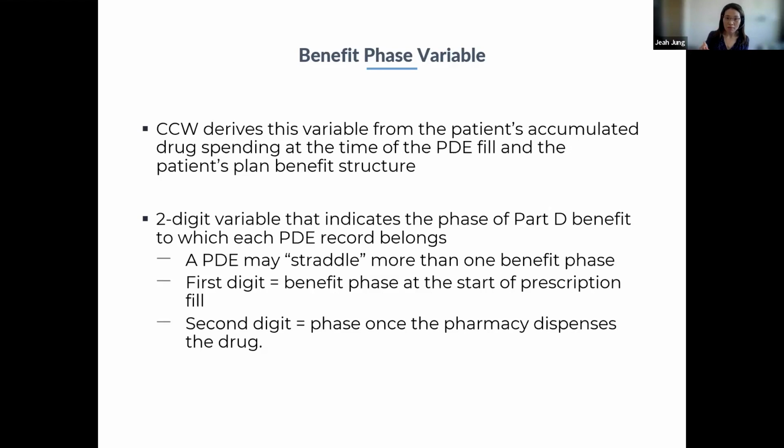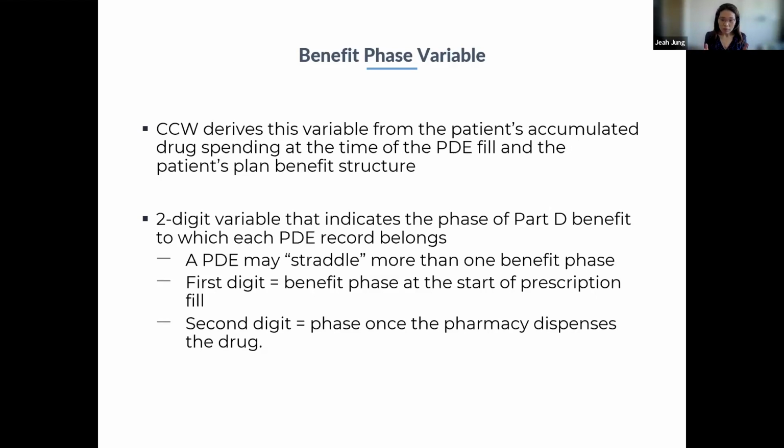And for that event, they compare this accumulated drug spending against the beneficiary's plan benefit structure. If this beneficiary has spent up to this point about $3,000, which benefit phase does this event belong to? That's how they derive this variable.